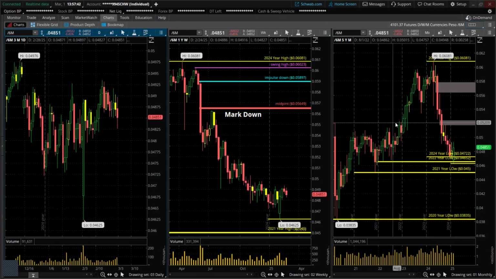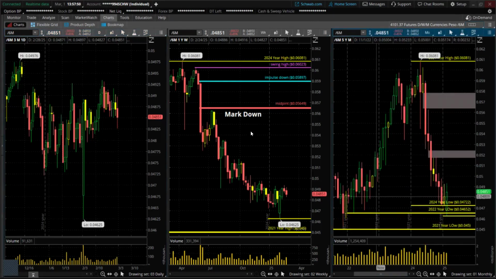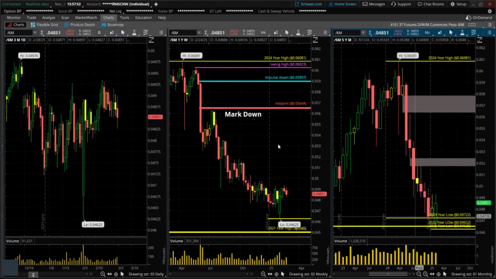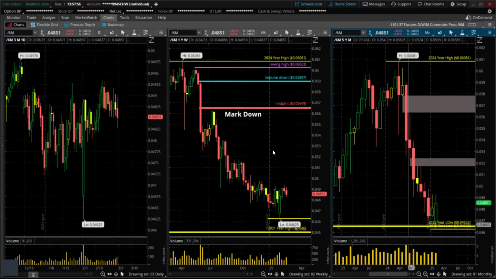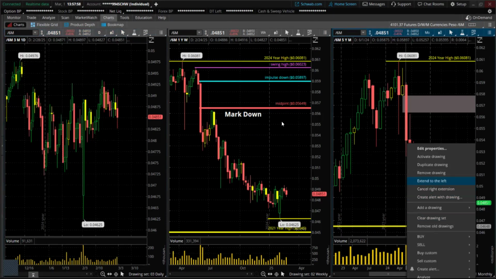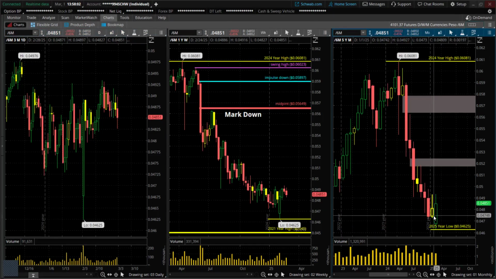Mexican peso, our neighbor to the south. There's the high of last year. Here's the low of 2020. And look what we've done here. We broke below the low of last year, 2024, and broke below the low of 2022. So new low for the Mexican peso against the US dollar.